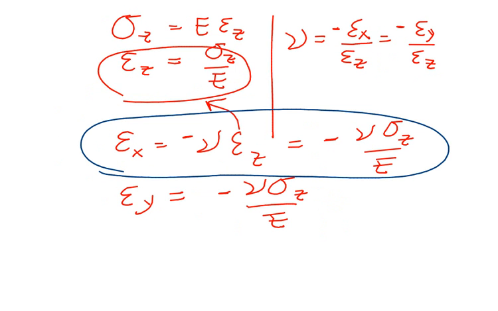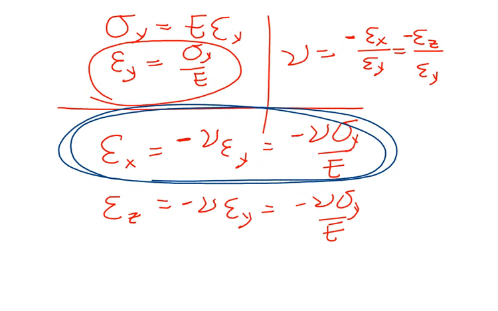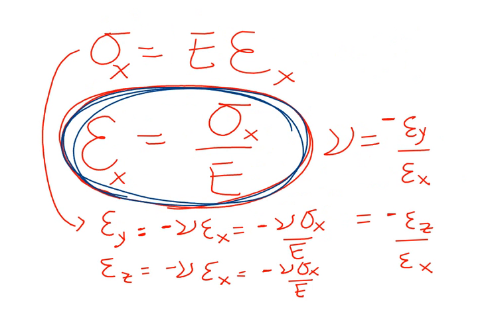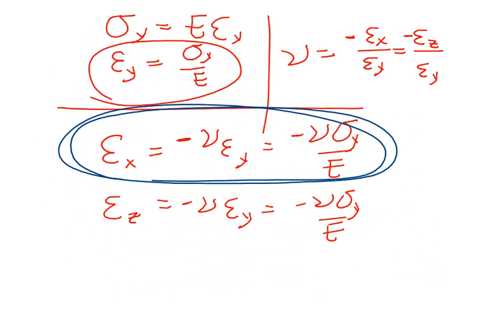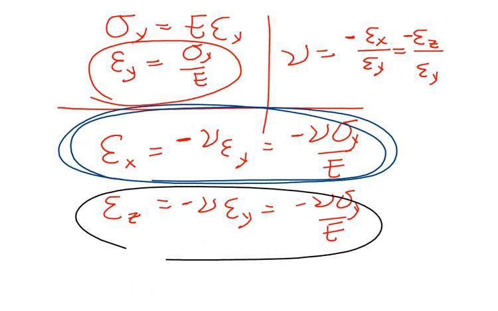Likewise, if I try to find out what happens in the z direction, if I try to find epsilon z, I know that due to sigma x, I have that. Due to sigma y, I've got this.